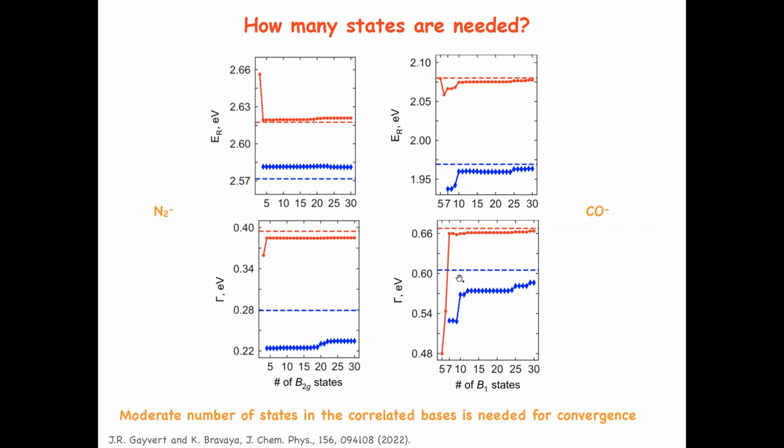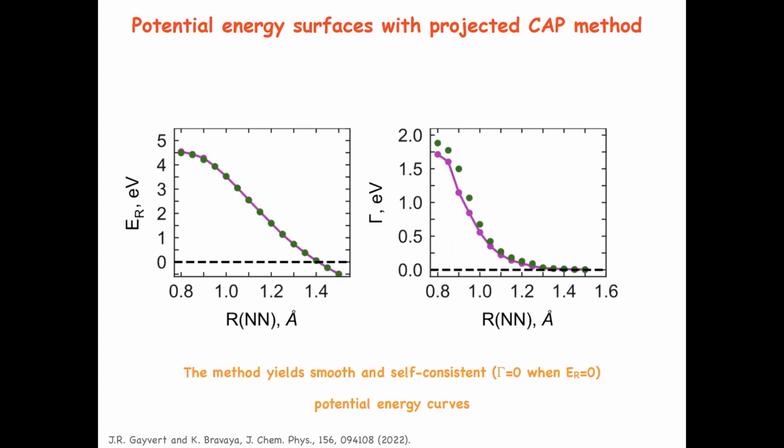But the shifts are rather small already, starting from 10, so from 0.57 to 0.6 volt. So the number of states in the correlated basis, or zero order basis, is very small to get the converged parameters of the resonances.